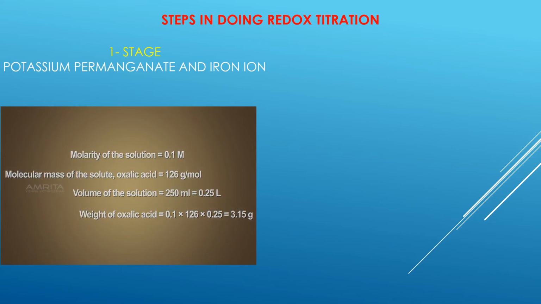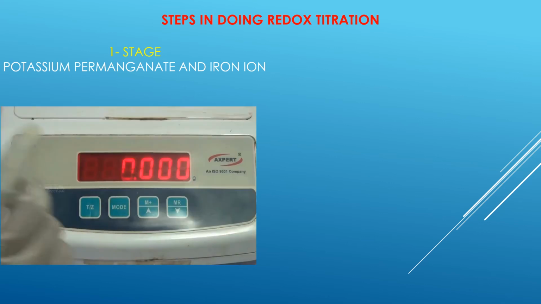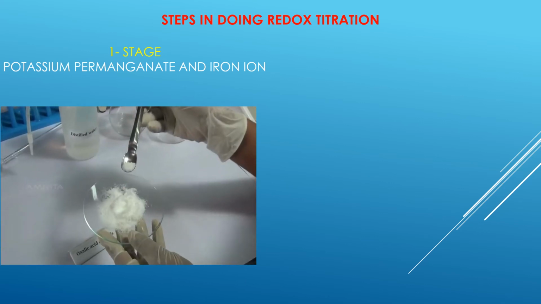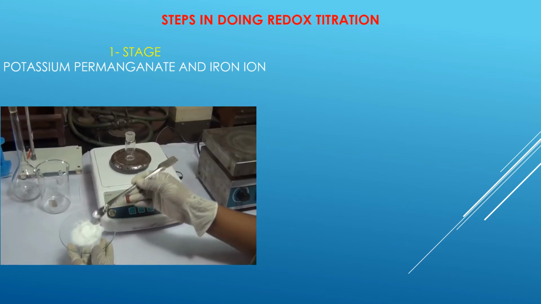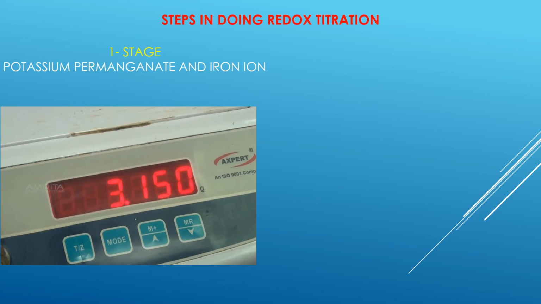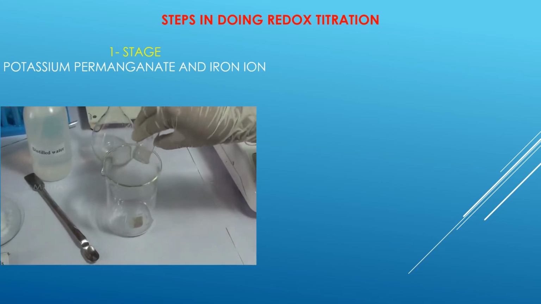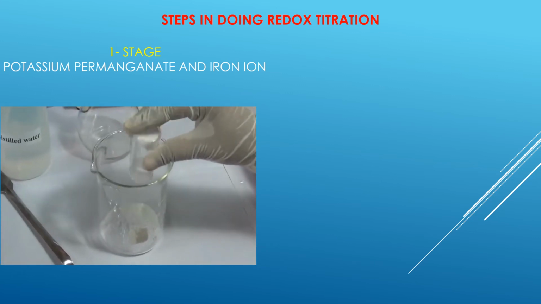Place the weighing bottle on the electronic balance and tare the balance. Using the spatula, take oxalic acid crystals and transfer them into the weighing bottle and weigh 3.15 grams. Transfer the weighed quantity of oxalic acid into the 250 ml beaker.